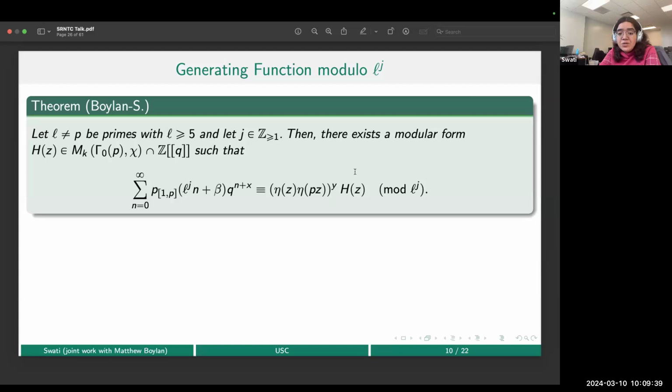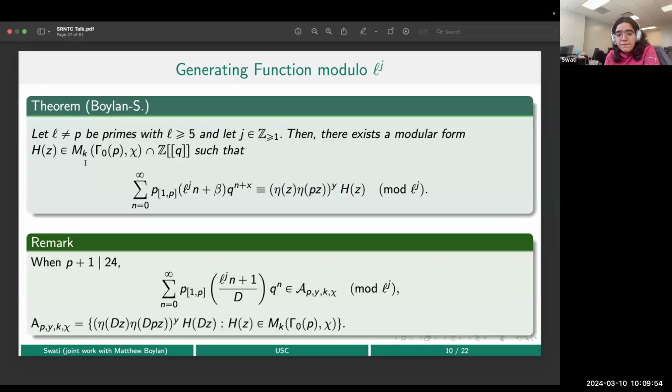Something to note is that the right-hand side of the congruence is weakly holomorphic in general. And our theorem makes all these parameters x, y, and k explicit.